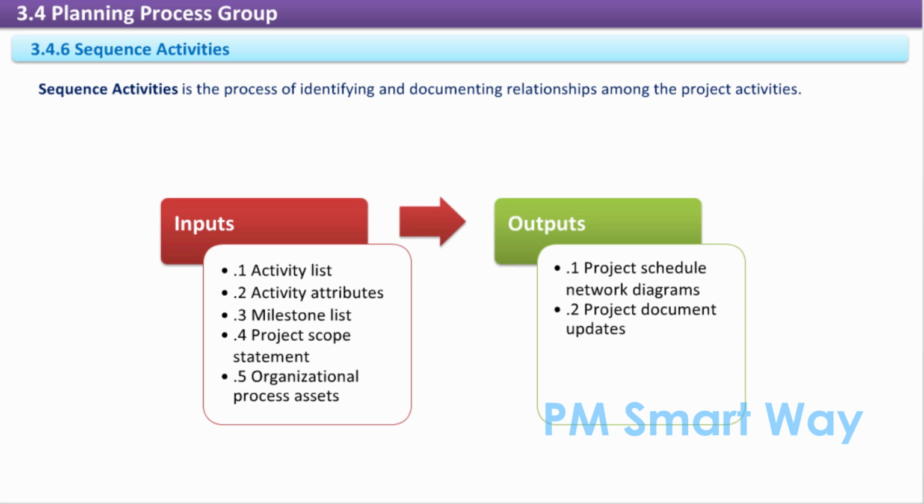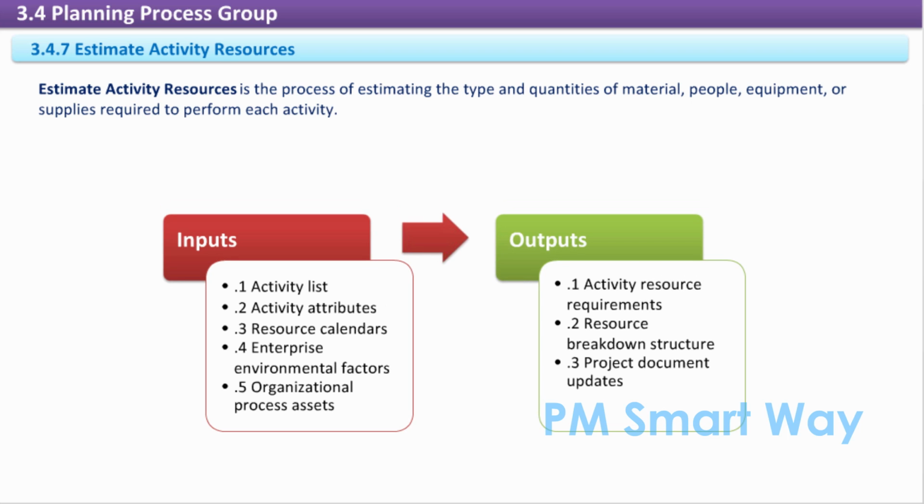Sequence activities. Sequence activities is the process of identifying and documenting relationships among the project activities. Estimate activity resources. Estimate activity resources is the process of estimating the type and quantities of material, people, equipment, or supplies required to perform each activity.